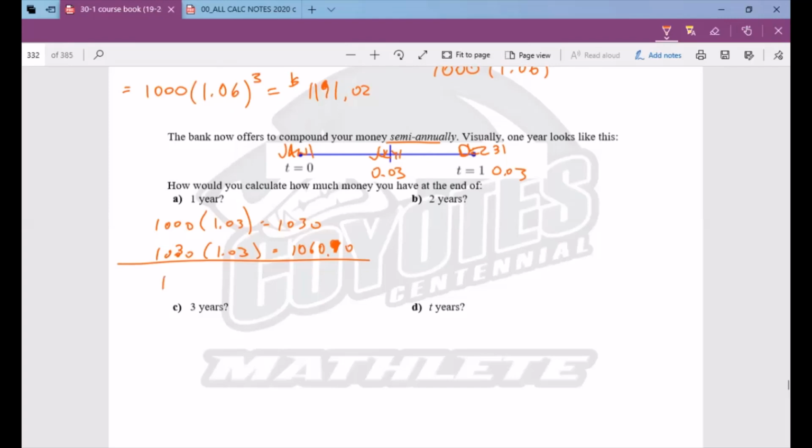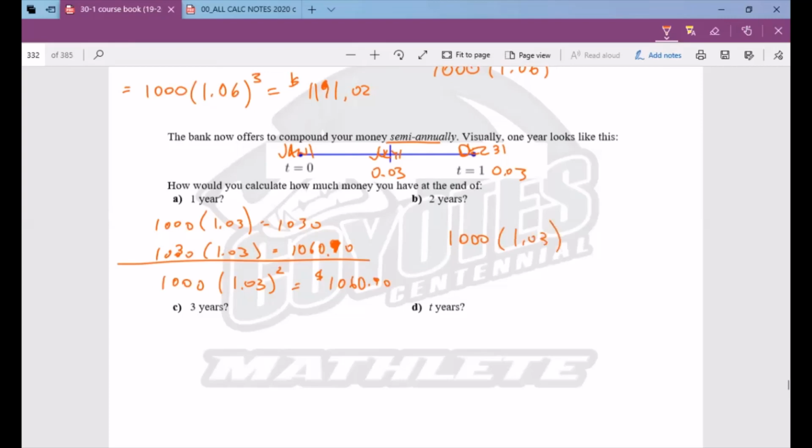Probably not. Probably what we want to do is take your $1,000 and get your 3% twice. And we calculate that 1,000 times 1.03 squared is equal to 1,060.90. So at the end of 2 years, we have $1,000.